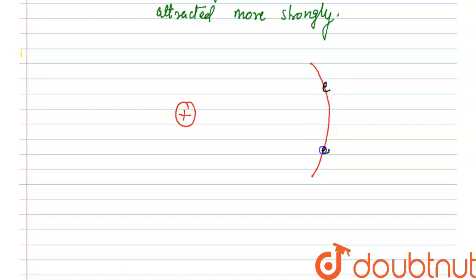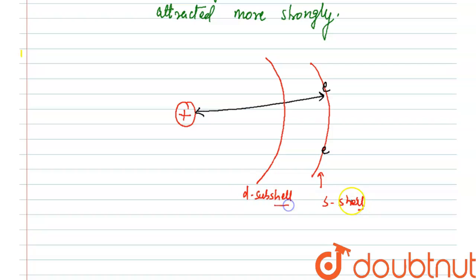The nucleus is attracting these electrons towards itself. There is a force of attraction between the nucleus and the electron. Now in the case of d block elements, imagine this is the s subshell and this is the d subshell.